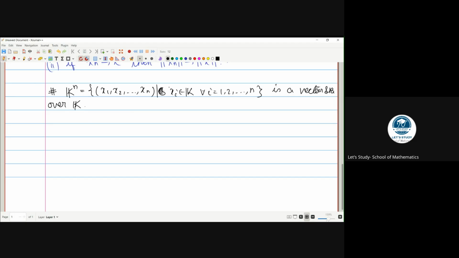Now I am going to define a norm. So first, the one norm is nothing but basically the summation of the absolute values of xi.